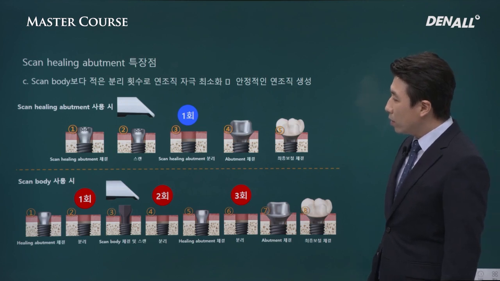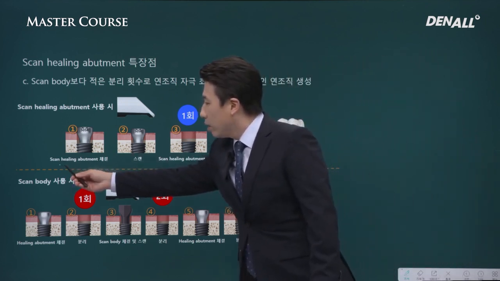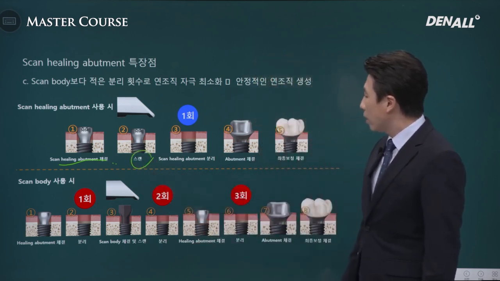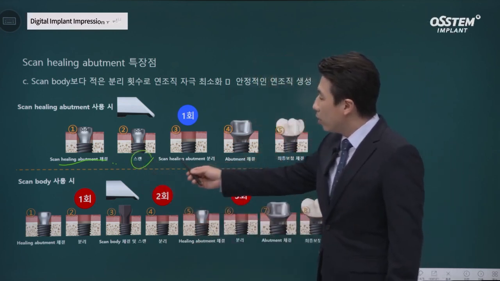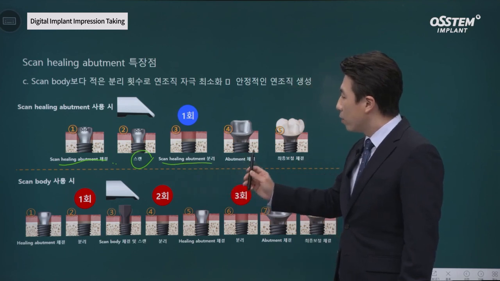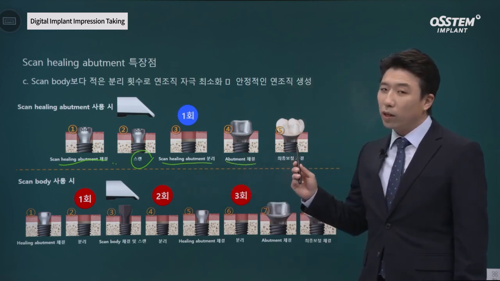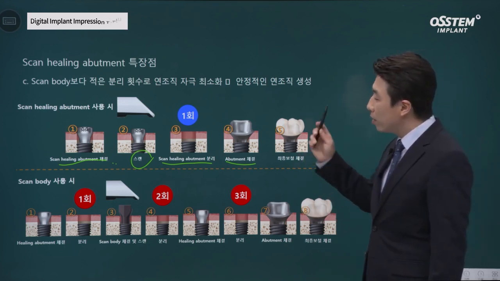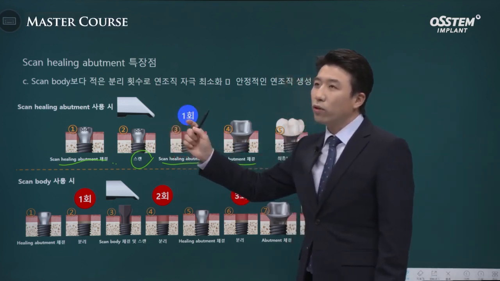So with the scan healing abutment connected, it is scanned directly. The scan healing abutment needs to be removed when the final abutment and a crown need to be delivered.